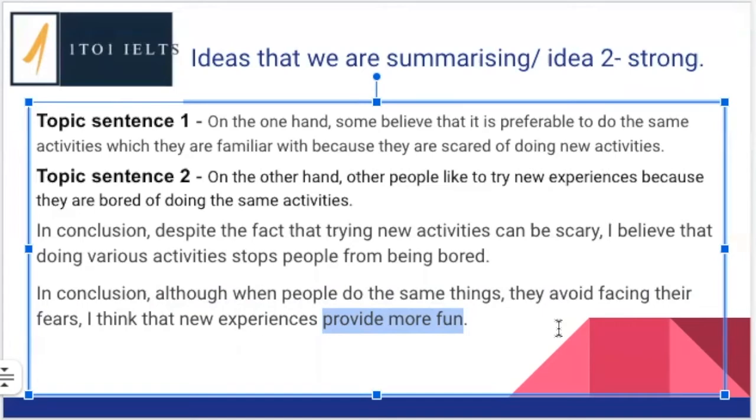Simpler, brings more fun, makes more fun? Nope. Offers more fun? Nope. Fun is a word people really struggle to talk about. I've noticed this. Simply, are more fun. Something is fun, they are fun. So we use the verb to be with fun.